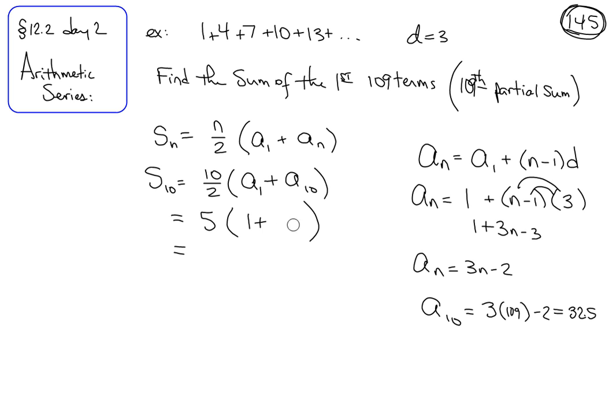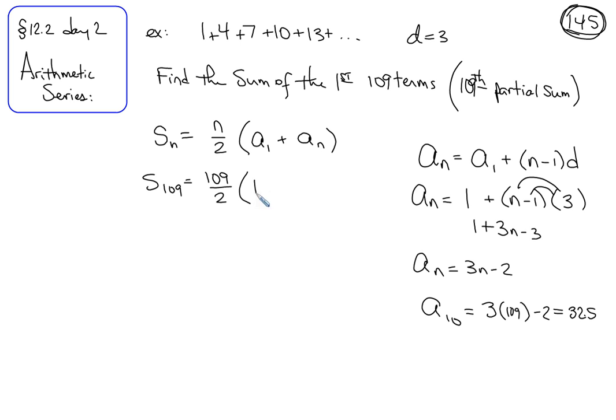So the sum of the first 109 terms is 109 divided by 2 times the first term plus the last term, which in this case is the 109th term. So that's 109 divided by 2 times 326. Those cancel and give you 163.